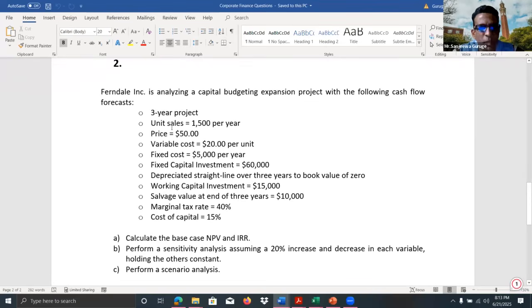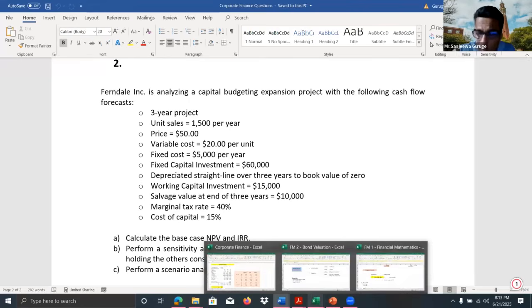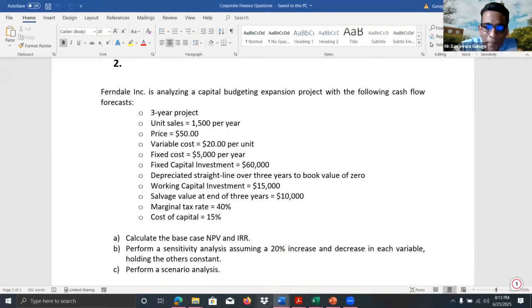What is the estimated unit sales price, variable cost, sorry, fixed cost. And when these details are given, we can calculate, because generally this sensitivity analysis and scenario analysis we can't do manually, right? It's a very difficult exercise. Sensitivity analysis, as some of you have mentioned here.